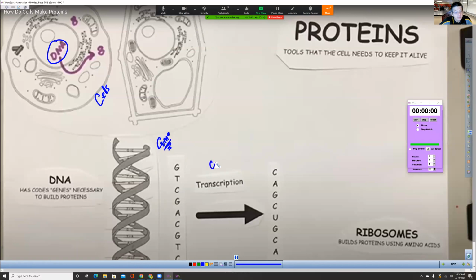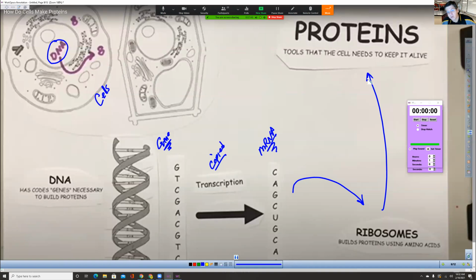These genes need to be copied during transcription, so that we can make copies called mRNA. And then these mRNAs are going to go to the ribosome, and the ribosome is going to use them to make proteins. Okay? Any questions so far on this?